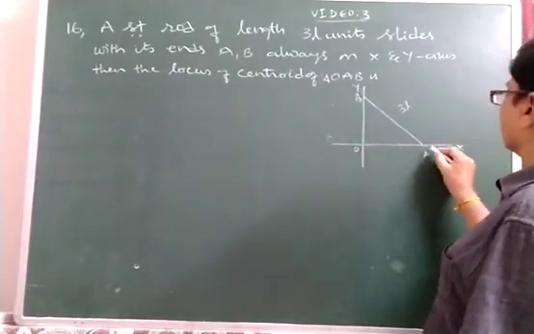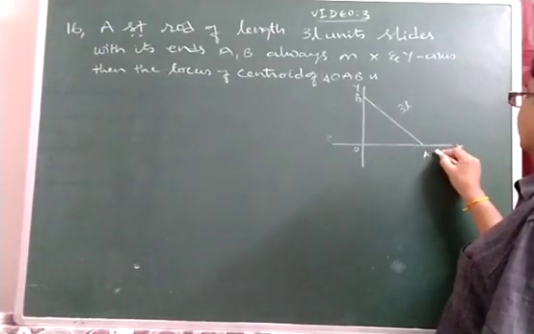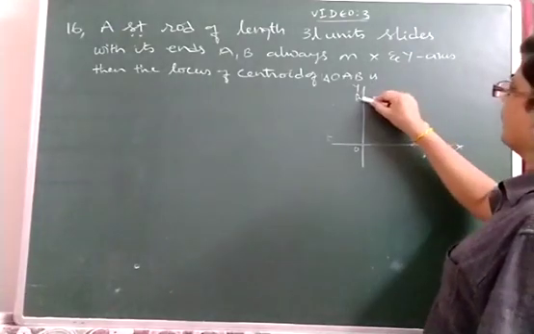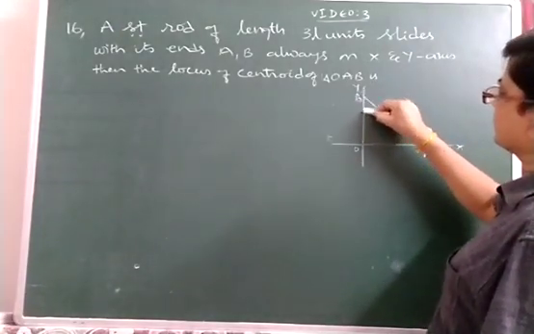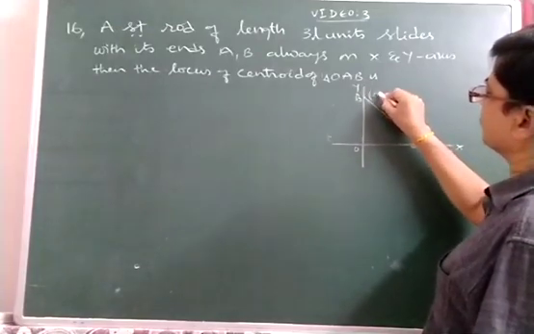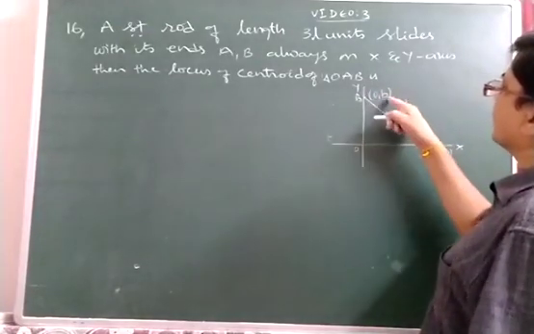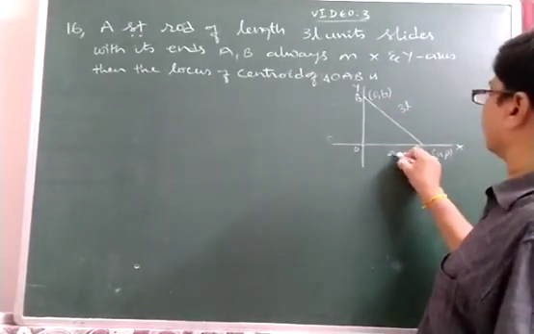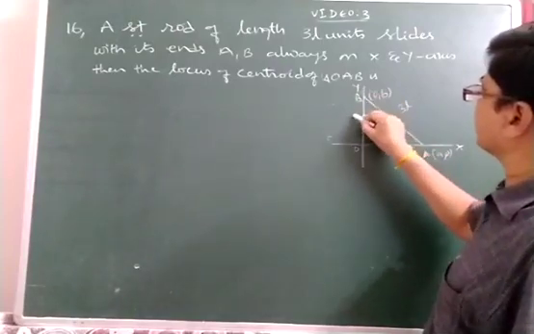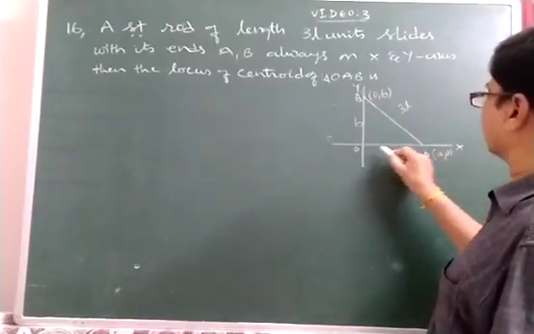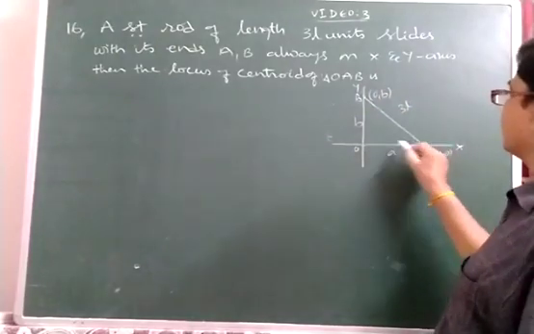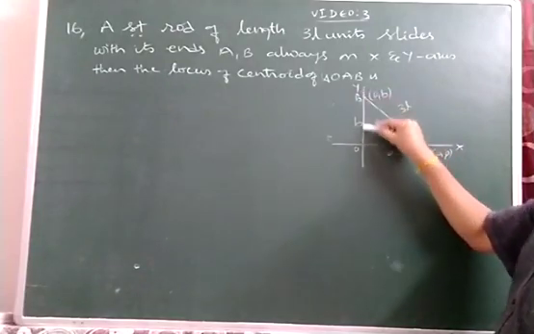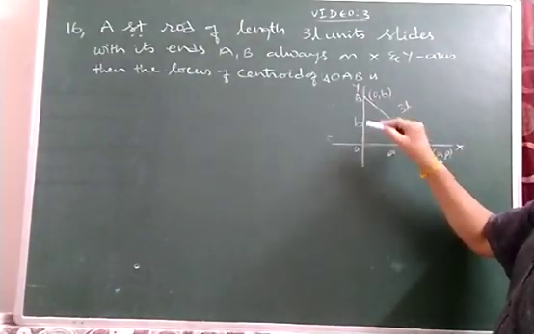Now A is a point on the x axis, so the coordinates of A are (a, 0). And B is a point on the y axis. On the y axis x is 0 and the y coordinate is b. The distance from O to A is small a and the distance from O to B is small b. OA is called the x-intercept, with length a, and OB is called the y-intercept, with distance small b.